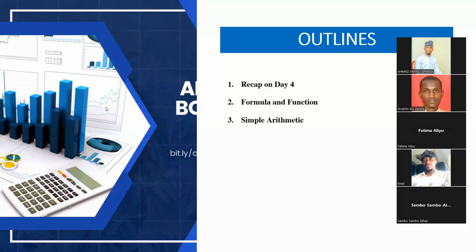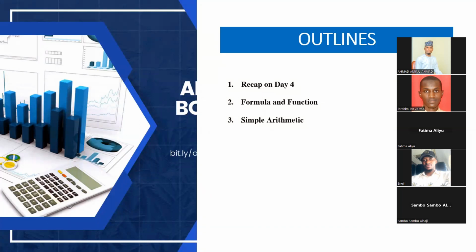So that's the merge and center. Sorry, for the text wrapping, I'm sorry. For the text wrapping, I talked about if you want your text to be contained within the border or within the width of your cell, you wrap the text so that it will be within the width of your particular cell.